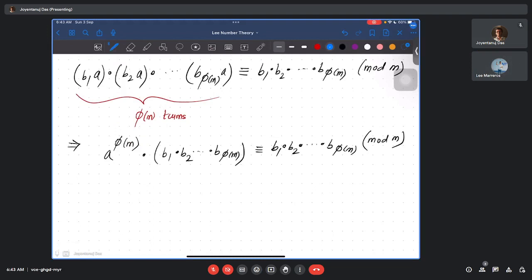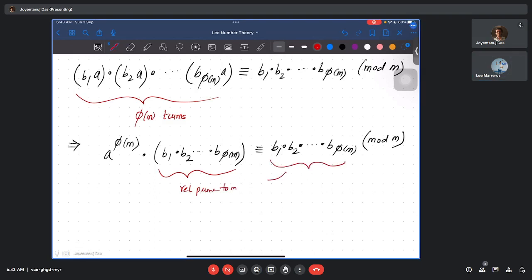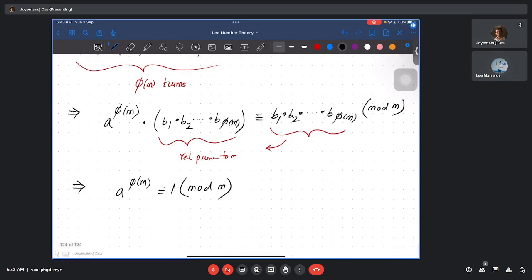Each of the terms is relatively prime to M, so I can cancel these two terms. Then I have a to the phi(m) is congruent to 1 mod M. This is what we wanted to prove. This is Euler's theorem.